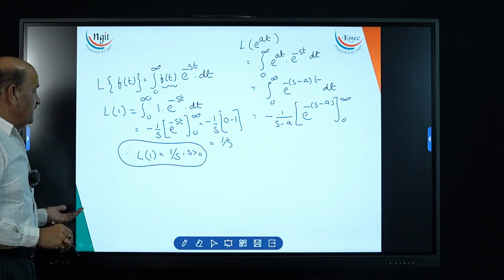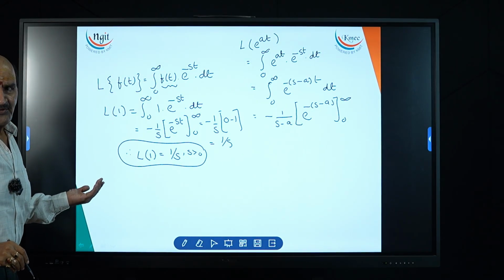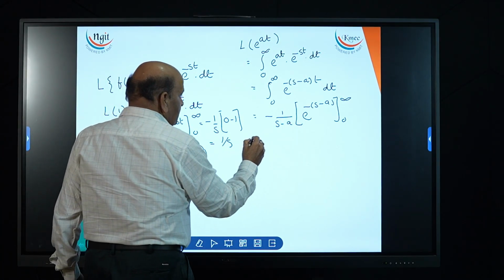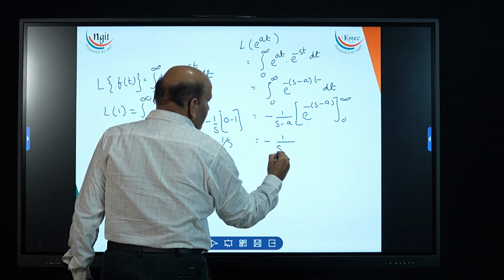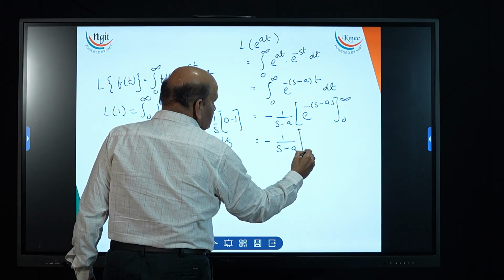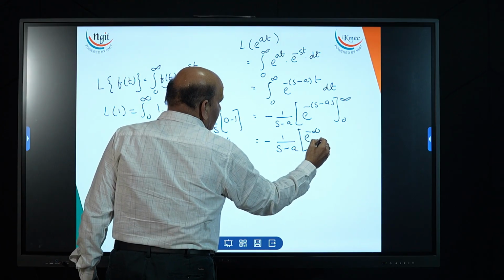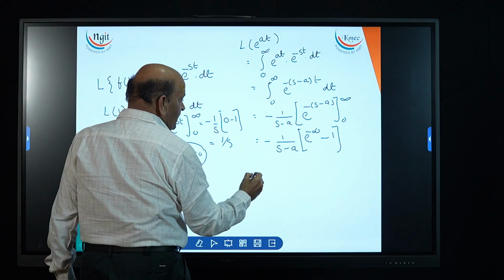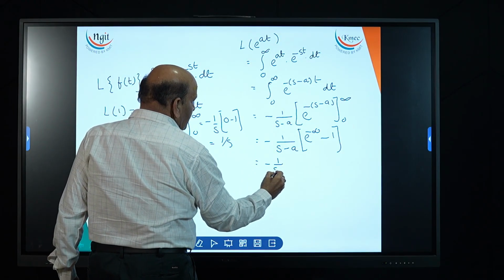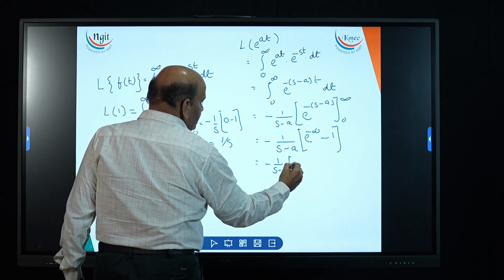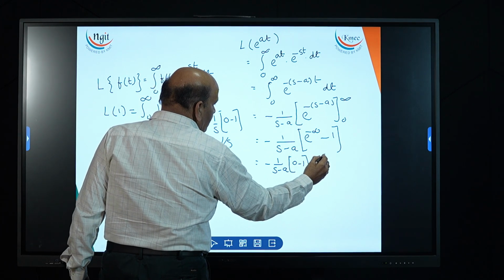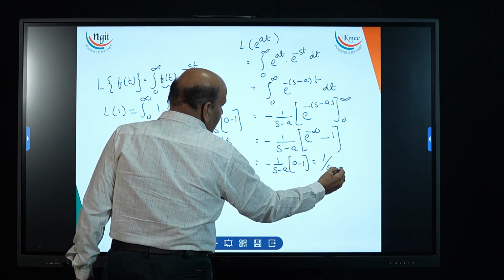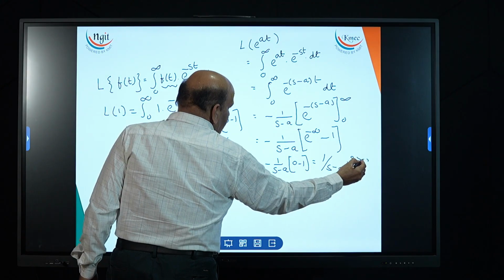Here we only integrated the exponential function. Now this is equal to minus 1 by s minus a into e power minus infinity minus 1. e power minus infinity value equals 0. So this is equal to minus 1 by s minus a, 0 minus 1. This is equal to 1 by s minus a, where s is greater than a.